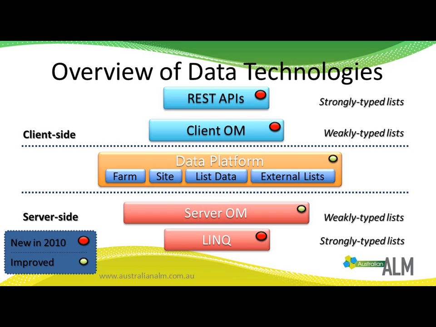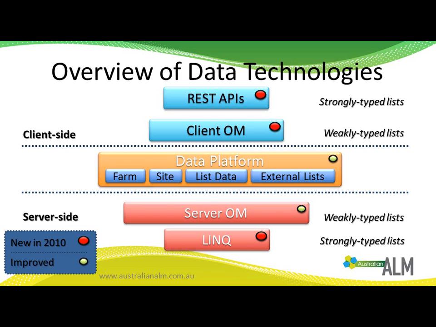Obviously, there were web services that were available out of the box previously with the list data, but unfortunately, there were a lot of limitations in terms of what you can actually do there. So the REST APIs and the client object model have extended that more. The server object model from the server side perspective is still available, and there have been a lot of API changes and enhancements in there.